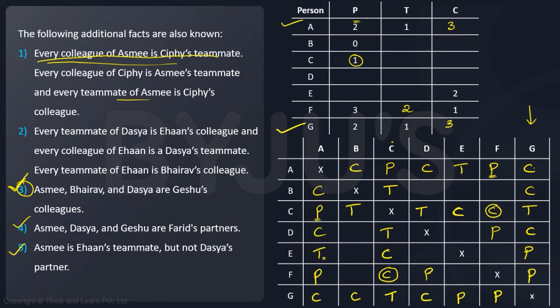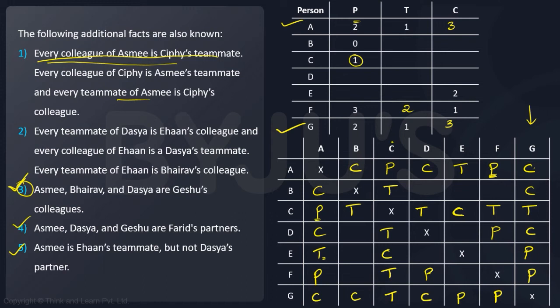So C and F, if I say they are colleagues, then A and F should be teammates. But you can clearly see that A and F are partners. So this cannot be C. If this is not C, then the only other possibility for this is T, which means this should also be a T.